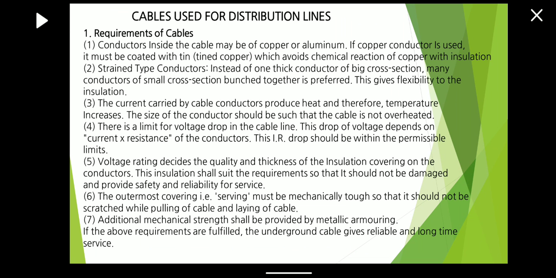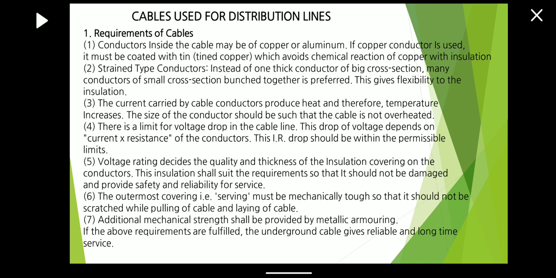The current carried by the cable conductor produces heat, and therefore the temperature increases. The size of the conductor should be such that the cable is not overheated. Next, there is a limit on the voltage drop in the cable lines. This voltage drop depends on the current times the resistance of the conductor, that means the IR drop should be within a permissible limit.